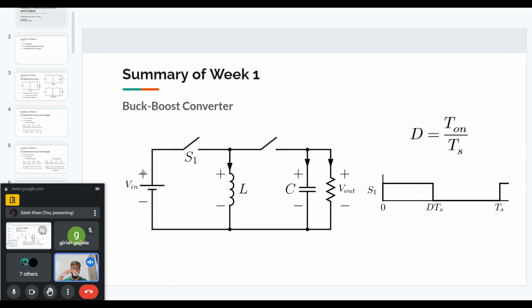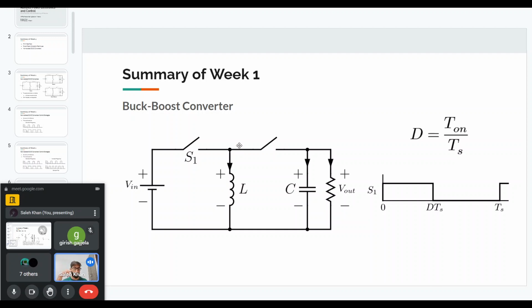So I am defining a convention. The plus minus basically I have defined for the input voltage, the inductor, capacitor, and output voltage. These are my conventions, and I've also defined the current conventions. These conventions mean that if the current is, for example for the inductor, from top to bottom, then I will take the current as positive.